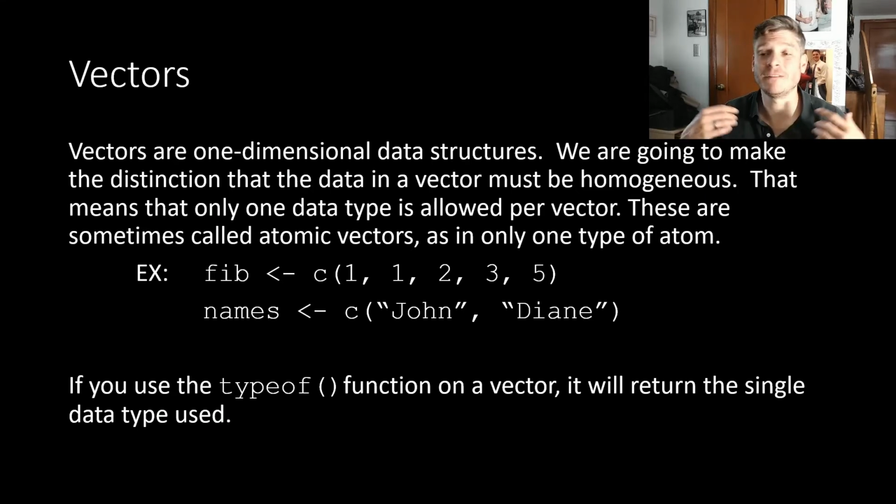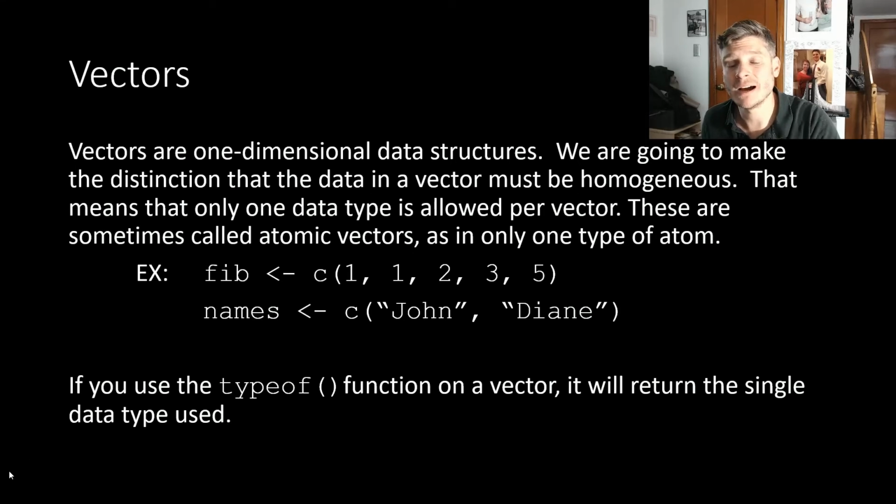So if I ran type of on my variable fib, it would tell me that they're all numeric. And if I were to run type of on my vector names, it would tell me character, because those are basically the atoms that make up that particular vector.